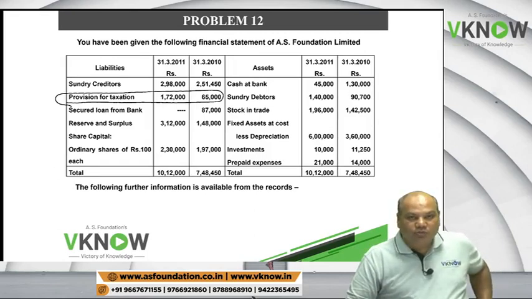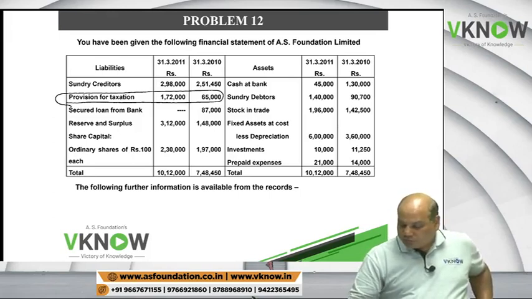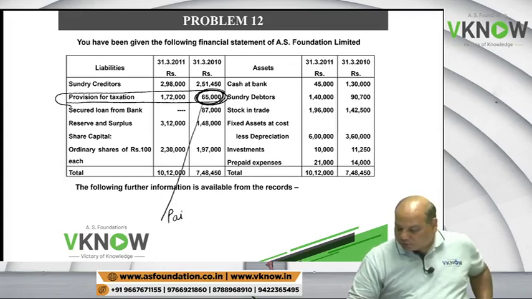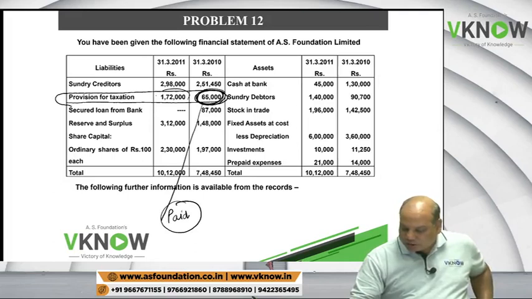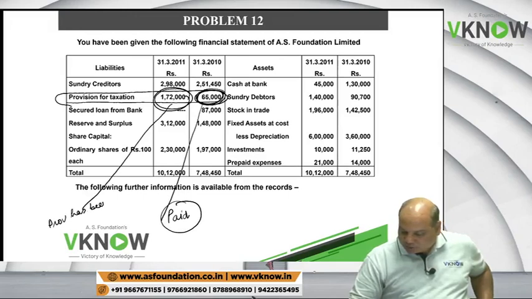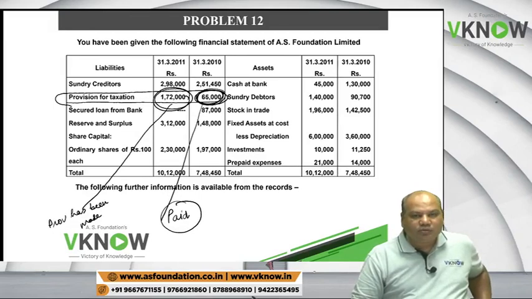In this question, they have not given how much income tax has been paid. So there are 2 ways we can do it. One, we can assume that last year provision for income tax 65,000 has been paid, and this year provision has been made for the current year. Last year paid, this year fresh provision made.